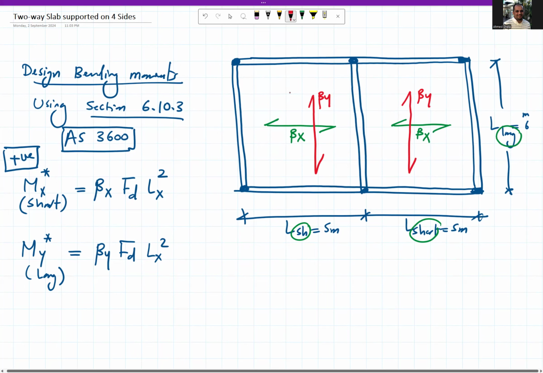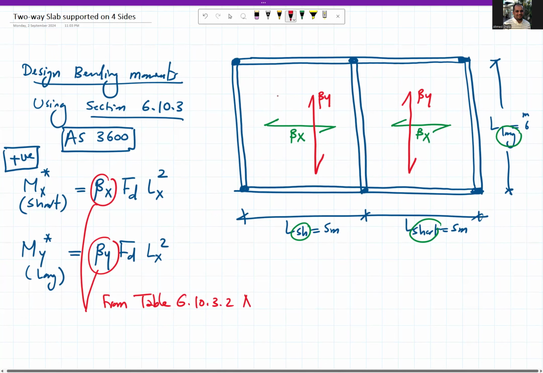Okay, these two factors, beta x and beta y, are taken from table 6.10.3.2a from the Australian standard according to the value or the percentage Ly over Lx, where Ly is the long span, Lx is the short span.